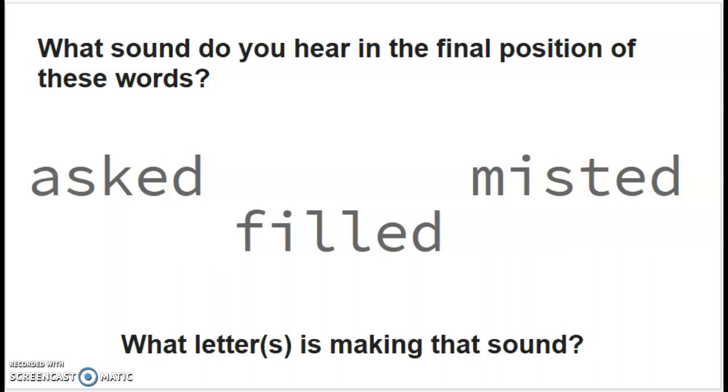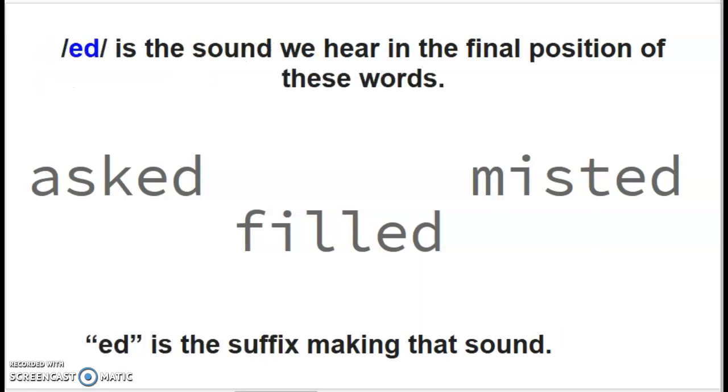What sound do you hear in the final position of these words? Asked, filled, misted. What sound did you hear? And what letters do you think are making the sound? Ed is the sound we hear in the final position of these words.